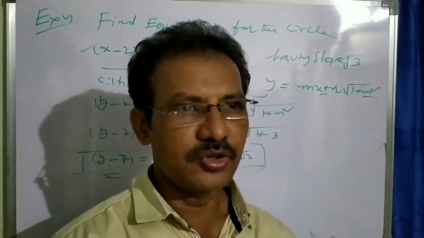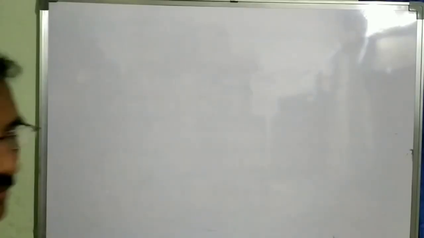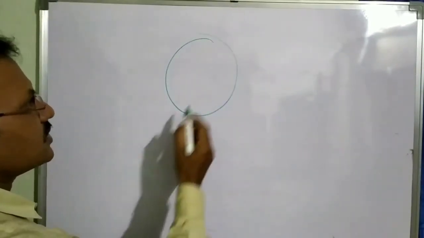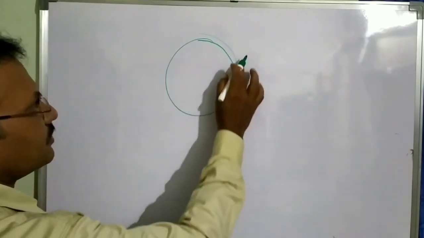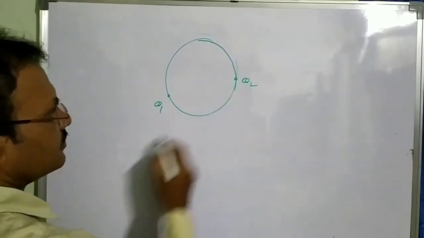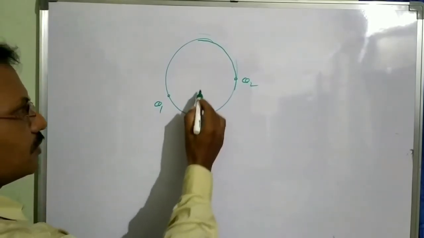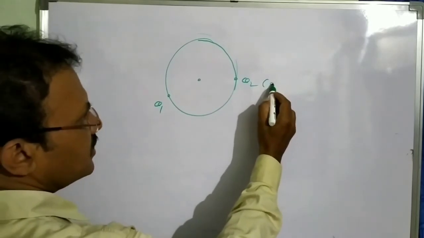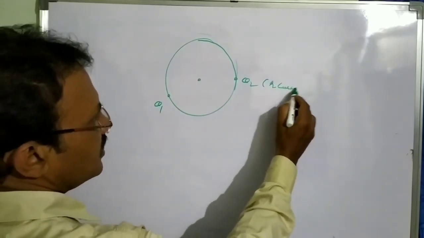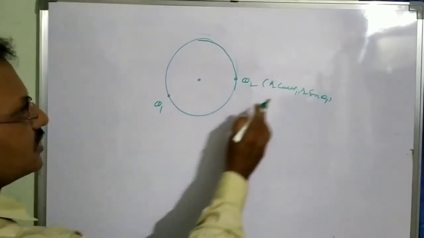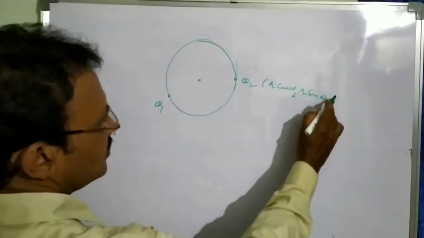What can you learn more? See here, the next one is the equation of the chord in the parametric form. Suppose this is theta 1 and this is theta 2. The points are r cos theta 1 comma r sin theta 1, and for theta 2, r cos theta 2, r sin theta 2.